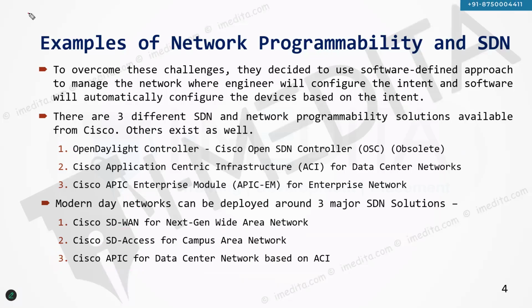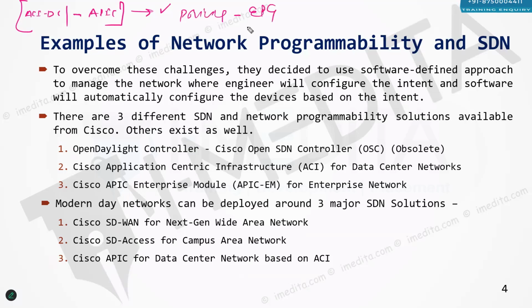By the way, for the ACI data center, they created that APIC, Application Policy Infrastructure Controller, and it started gaining a lot of popularity because of how easy it was to configure the policies for endpoint groups, EPGs. It became very easy to develop policies for groups of users, what resources users can access, and what resources users cannot access.